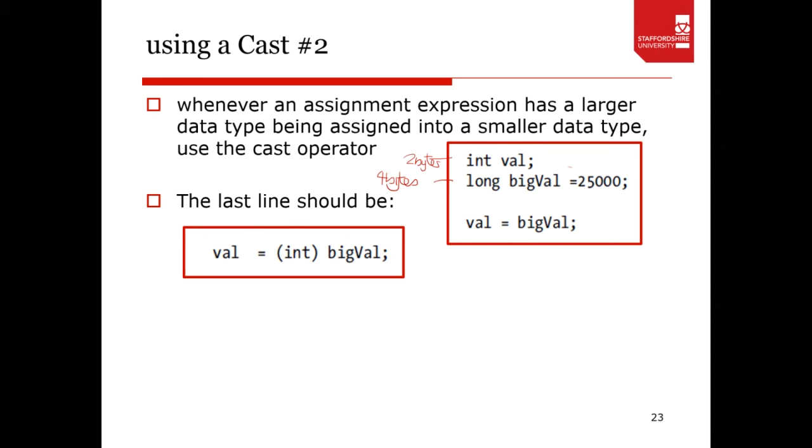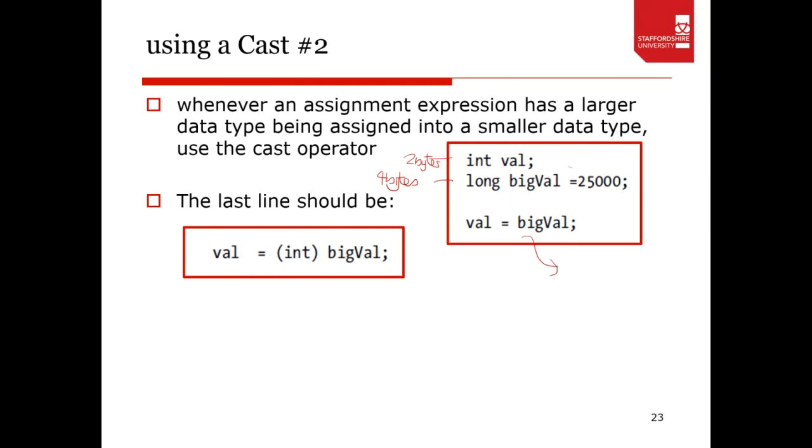So int val and long big val. If we said this, that's not strictly correct. What we need to say is val, because val is an int already. Then we use the cast to say int big val. So convert big val into an integer and then make it equal to val.